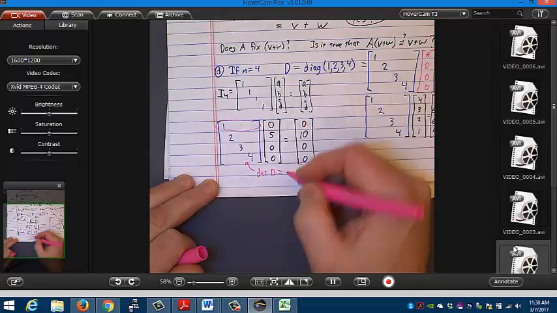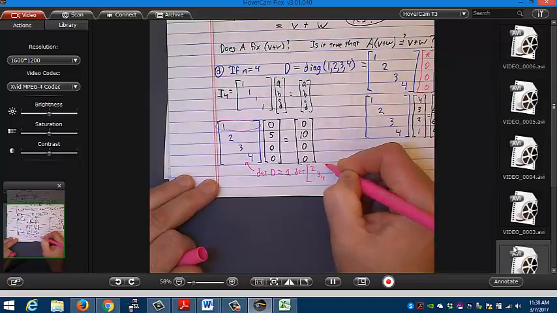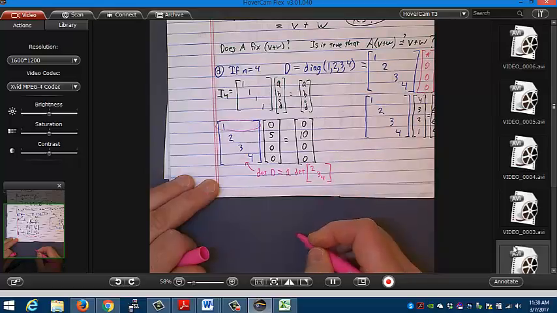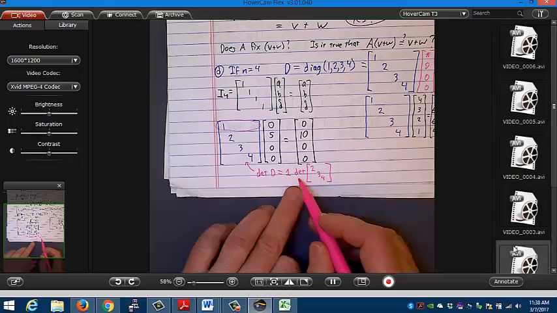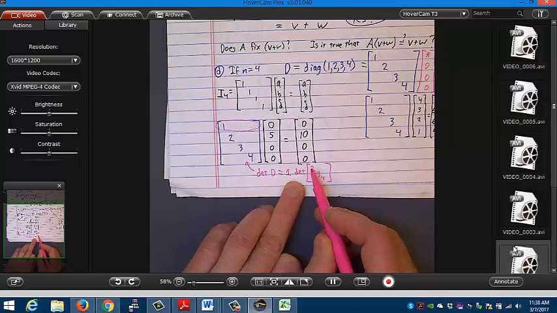Okay, so it's 1 times the determinant of the matrix that has the diagonal 2, 3, 4. Well, it's interesting because now I'm finding the determinant of this 3 by 3, and I don't need the negative anymore because now it's here in the upper left-hand corner. The upper left-hand corner is always positive.